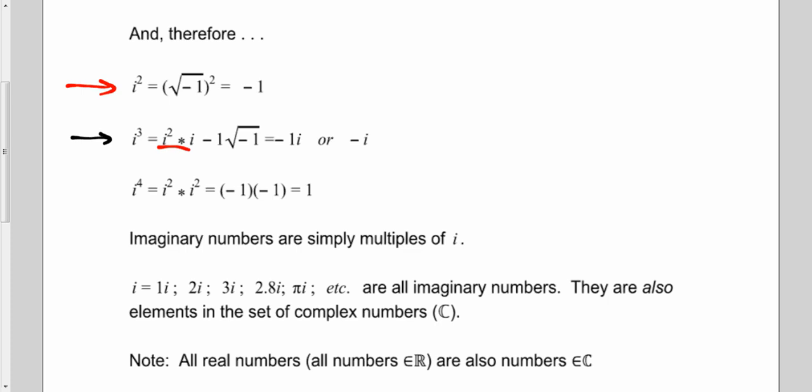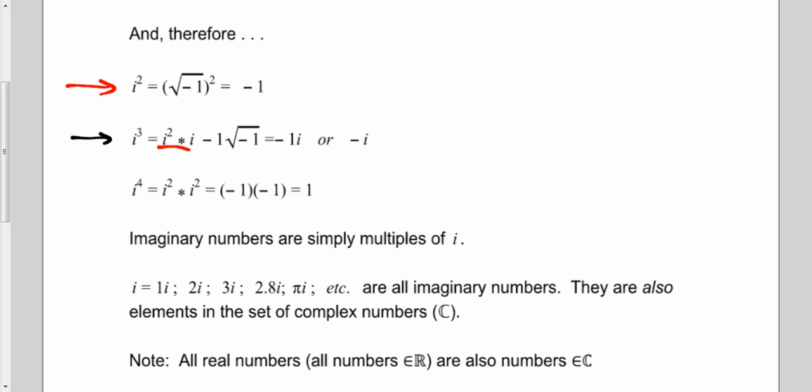And from the previous line, I know i squared is -1. And I know i is the square root of -1. Or I can just write -1 times i, or negative i. And then the same logic applies to i to the fourth. i to the fourth is i squared times i squared, which is -1 times -1, which equals 1.